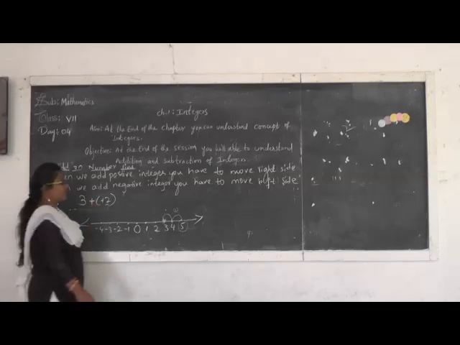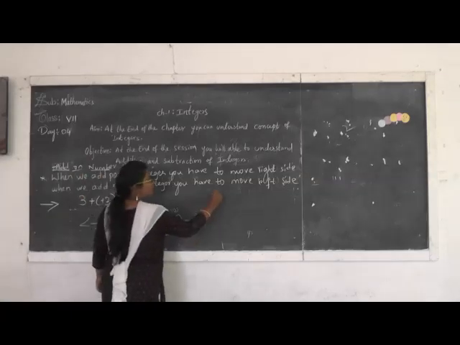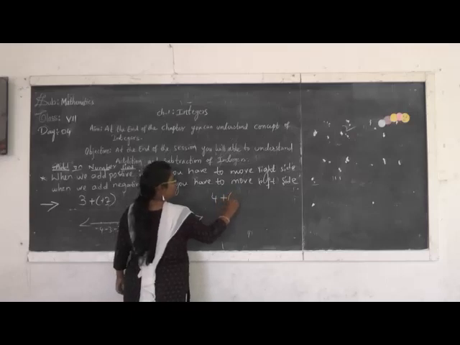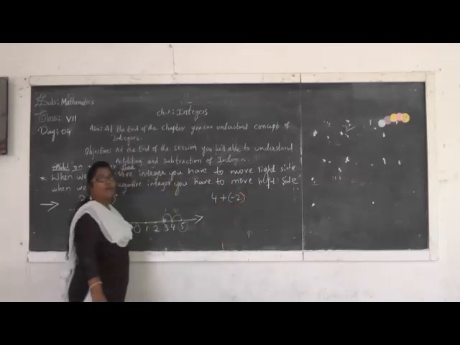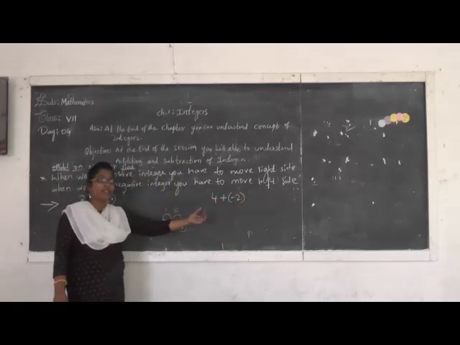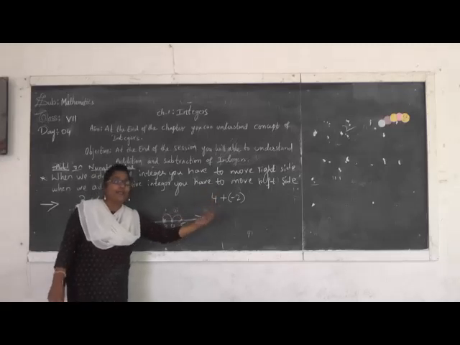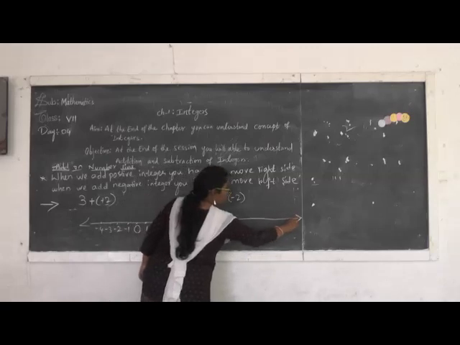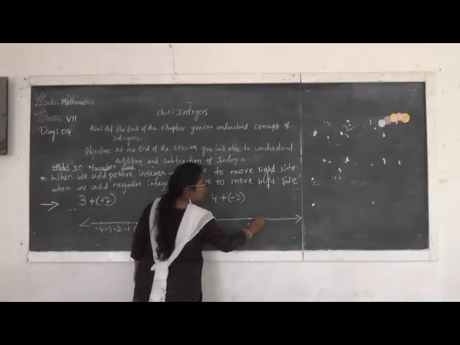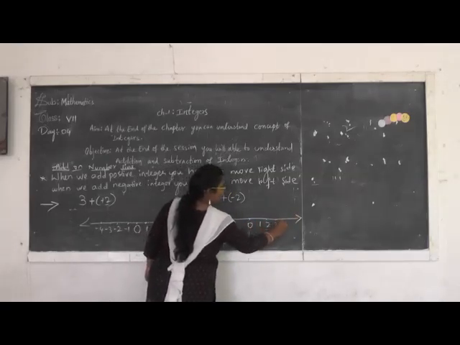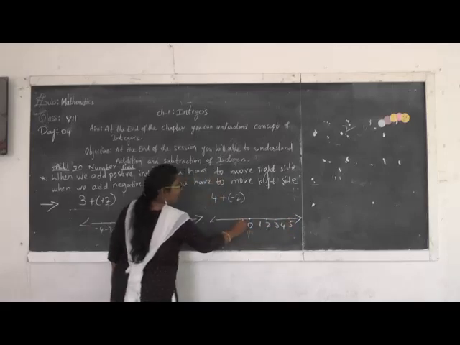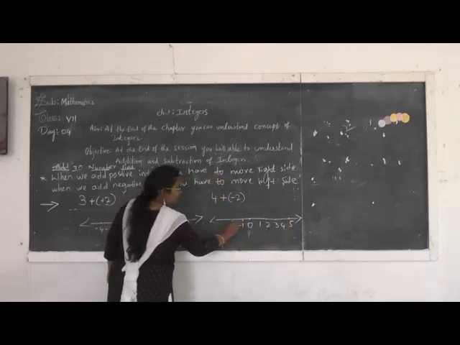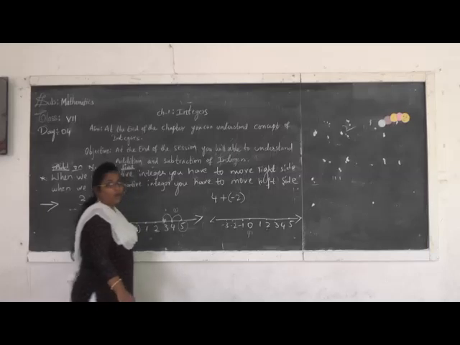Let me take one more example. 4 plus minus 2. Here we are adding a negative integer. So what do we have to do? Look here. Draw a number line. 0, 1, 2, 3, 4, 5, and on the left side of 0, we plot the negative integers.